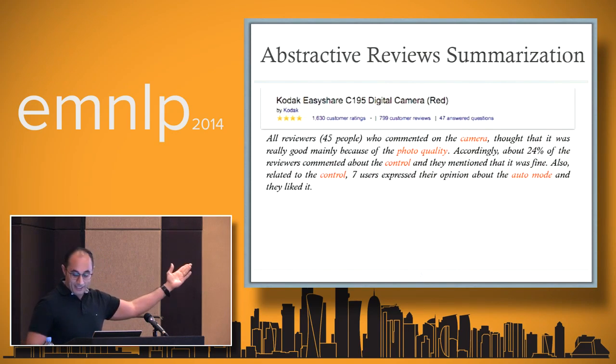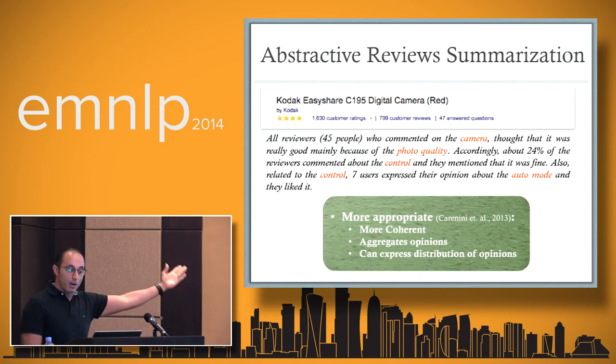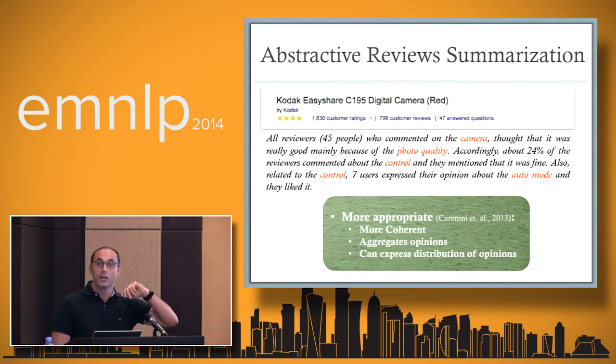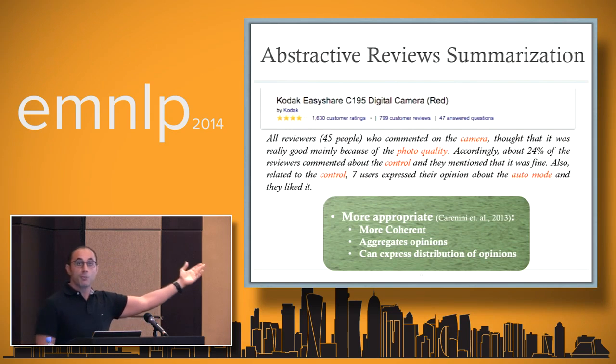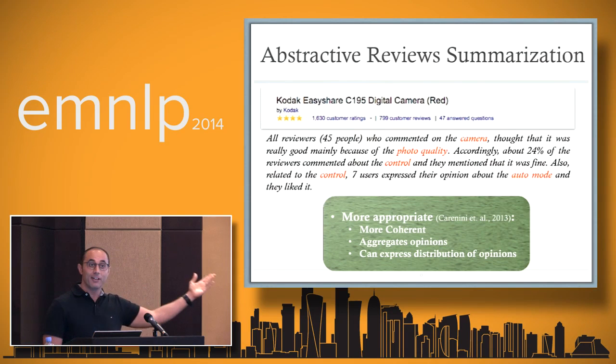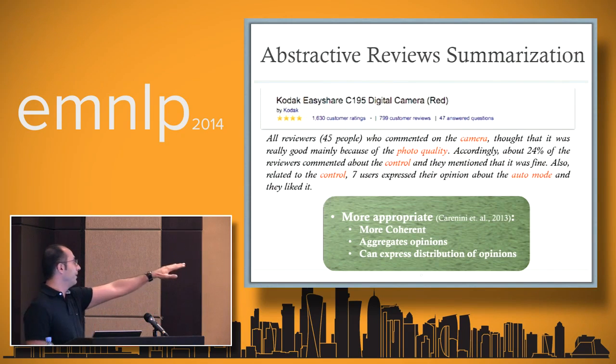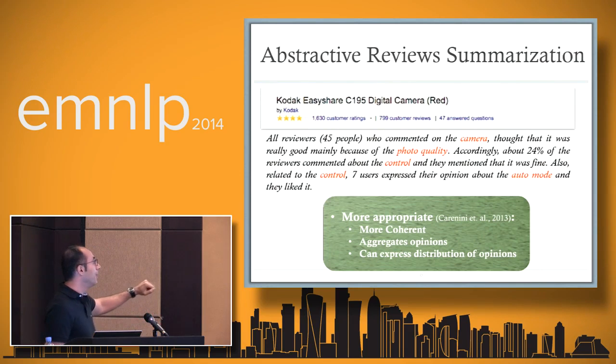Based on the literature, it is more appropriate for reviews to go for abstractive summarization. You can see it's much more coherent, and it aggregates the opinions for each aspect. At the same time, you can see the distribution of opinions, like 24% of all reviewers. So we are convinced that abstractive summarization is better than extractive summarization.